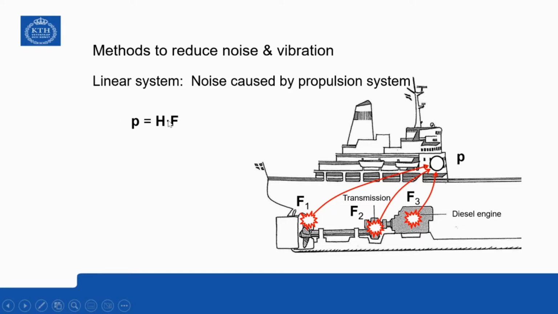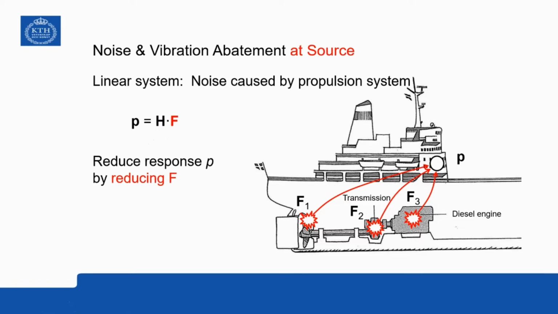So we have sources indicated with F here, and the path indicated with H, and the sound pressure at the receiver indicated with P here.